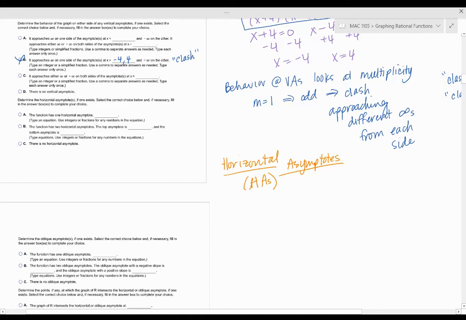Horizontal asymptotes occur, remember, you have those 2 cases. Case 1 is if the larger degree is in the denominator.